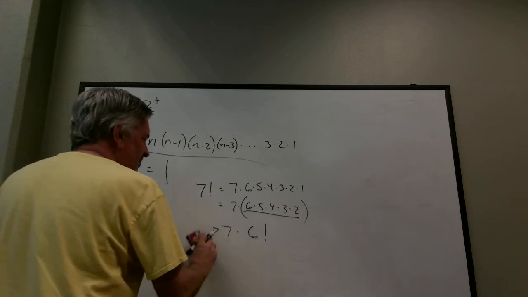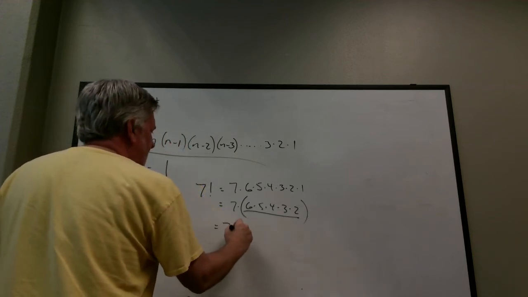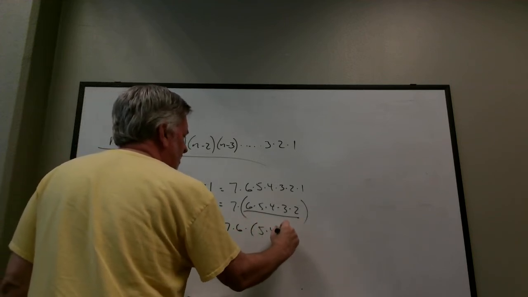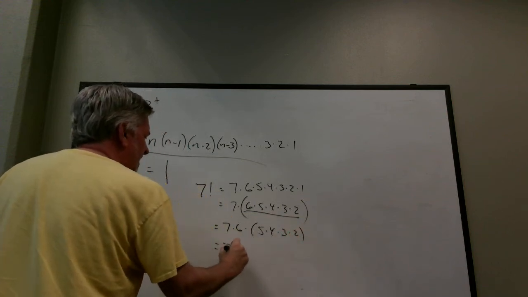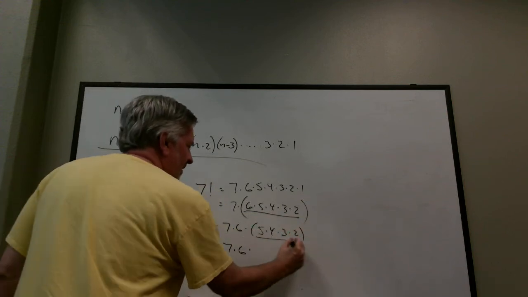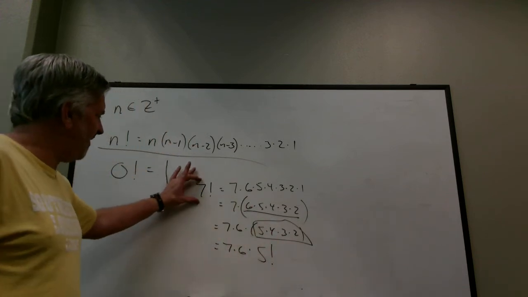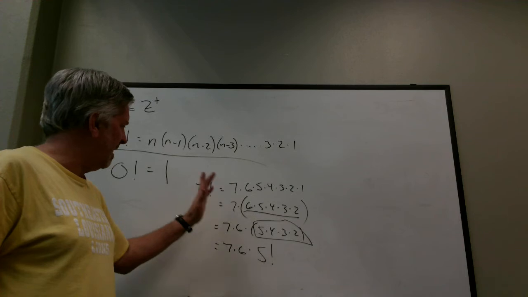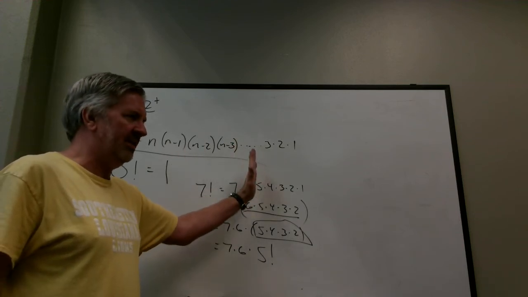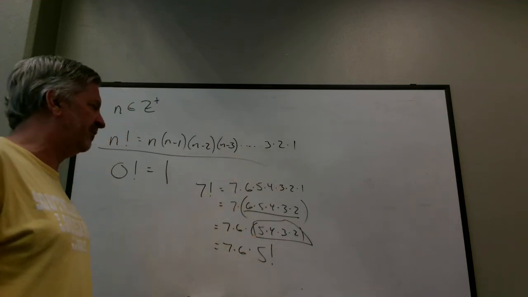Well, likewise, what if I did 7 times 6 times 5 times 4 times 3 times 2? Well, that's 7 times 6 times 5 factorial. So you can always write a factorial in terms of a smaller factorial. Count down to the place you want, and then as soon as you stop, you have to put the factorial for the tail.